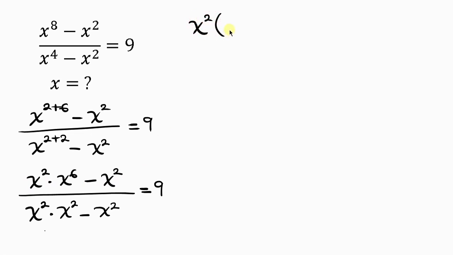Now let's divide. x squared times x to the 6 divided by x squared, I'm going to be having x to the 6. So this is x to the 6 minus, now x squared divided by x squared, that's 1, all over. Now from the denominator, you notice that x squared is also common.